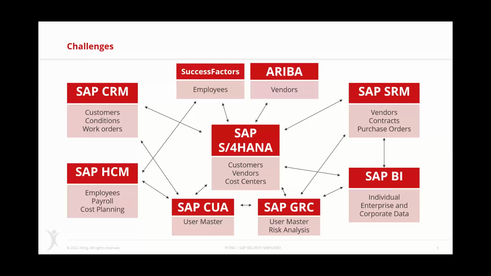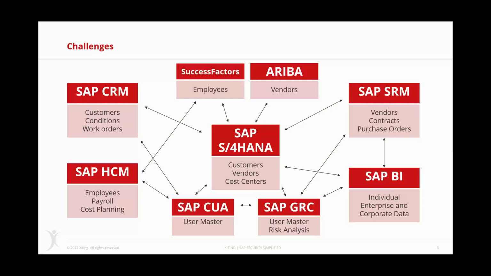Now, in today's world, we're not just talking ABAP based, and I have it here with SuccessFactors and Ariba, just to mention two. There are obviously many others, whether it's Analytics Cloud, Fieldglass, and so on. But now we also have to add to that entire mix of systems in our landscape a lot of cloud applications, where we also exchange data back and forth, where we do certain process steps, and so on.